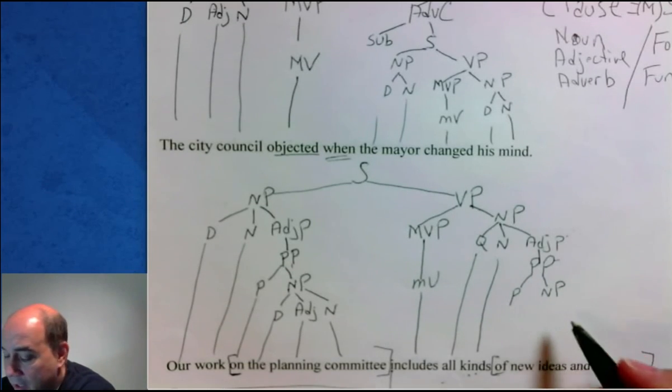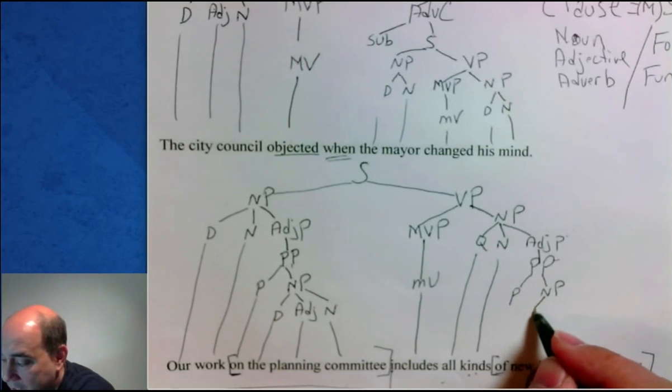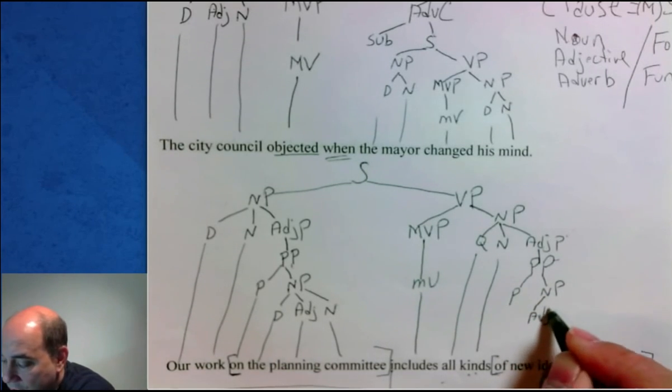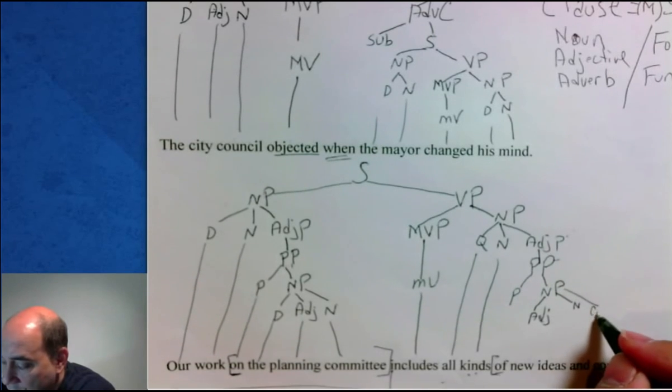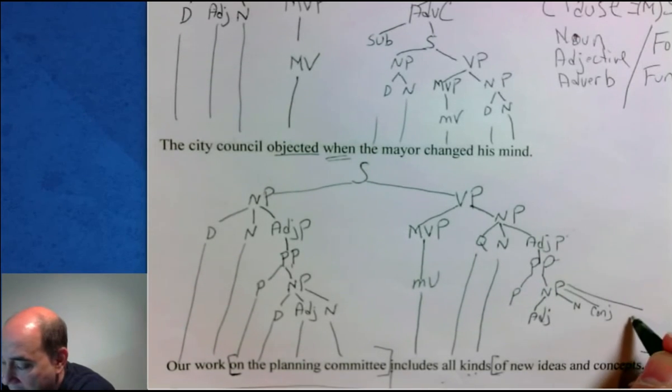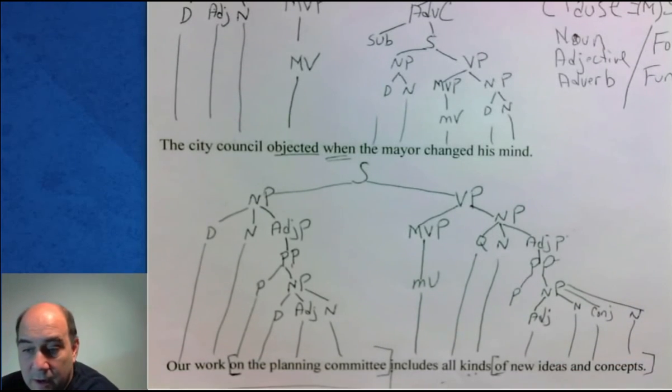It's got two nouns in it. I could just draw a line straight down and that'd be fine. I'm going to break this out again just for you. Adjective, and this is a noun and a conjunction and another noun. And so that's how all those fit in. And that's those first two sentences there.